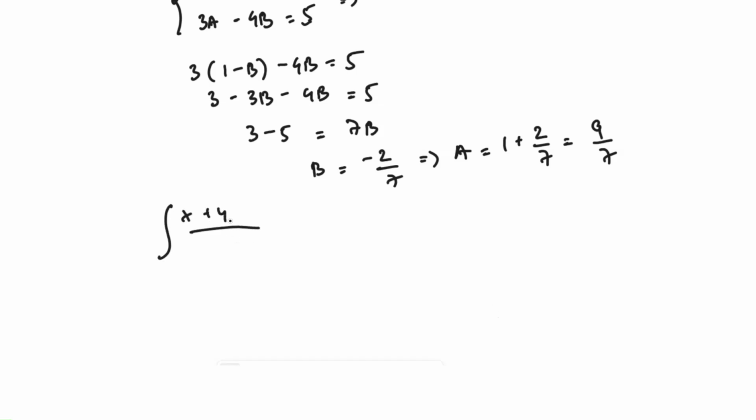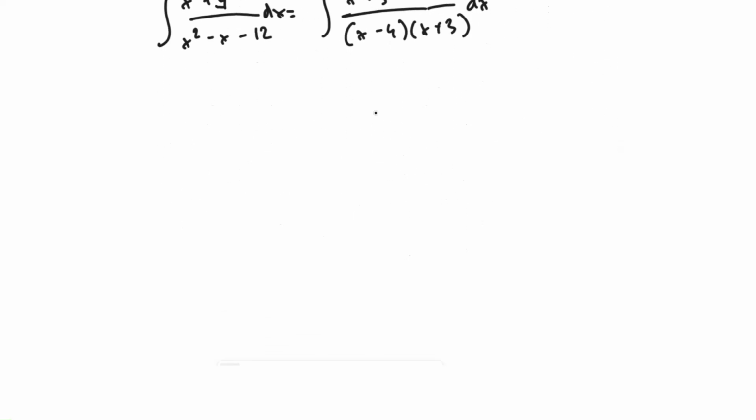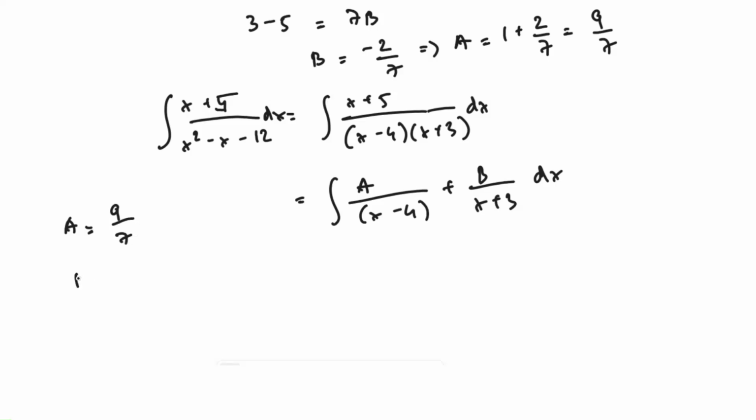So the integral of x plus 5 over x squared minus x minus 12 dx equals x plus 5 over x minus 4 times x plus 3, dx, right? And that equals A over x minus 4 plus B over x plus 3, dx, right? So we already found that A equals 9 over 7 and B equals negative 2 over 7.